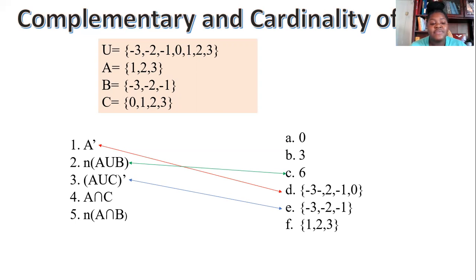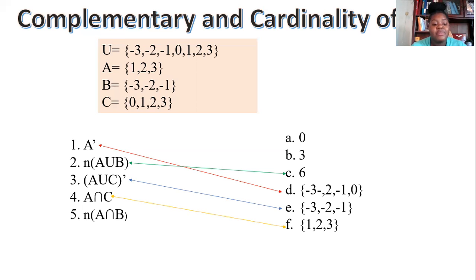Number 4 asks us to find A intersect C. Now remember, intersection means all the elements that are common. Our keyword for intersection is common. So A intersect C, we're going to look at set A and set C. What is common between the two? If you said F, 1, 2, 3, you are correct.